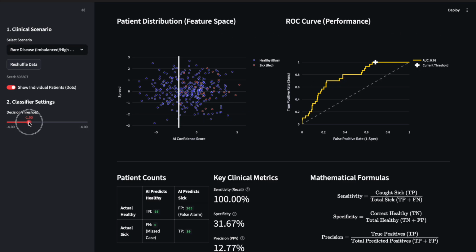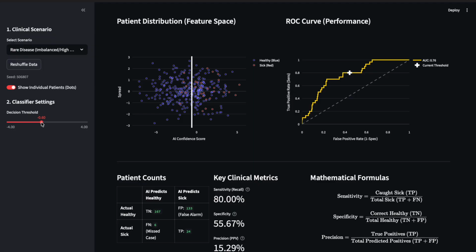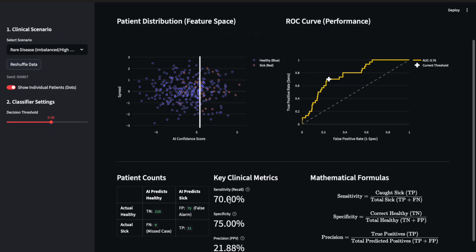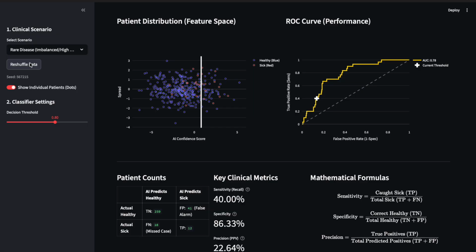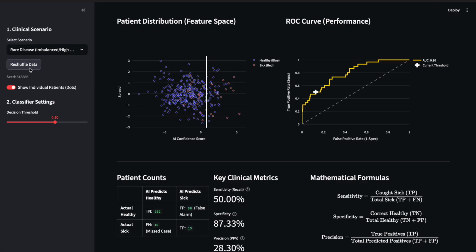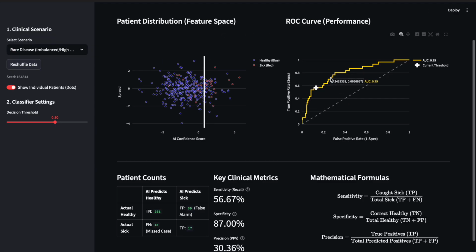But it's important to understand the real performance, and that's how we can also move the threshold, for example, to make a little bit more accurate model in terms of sensitivity and specificity. Let's say we reshuffle the database, so we make a different distribution of patients, but we see that it's still not perfect. Here the model performs a little bit better.